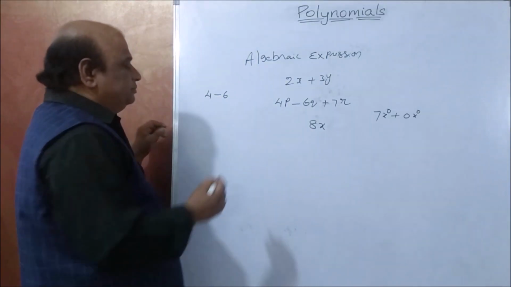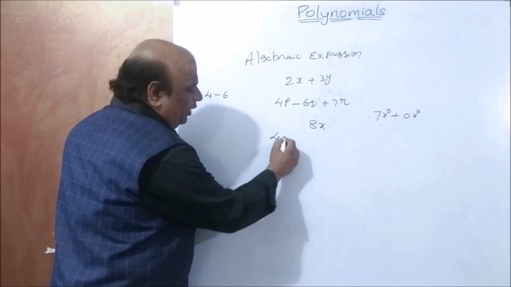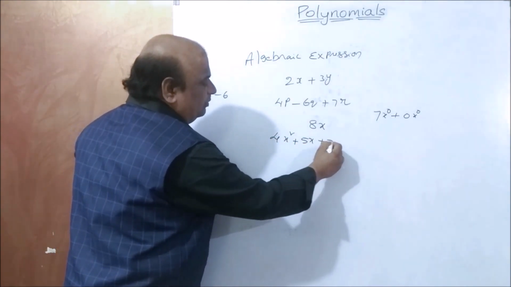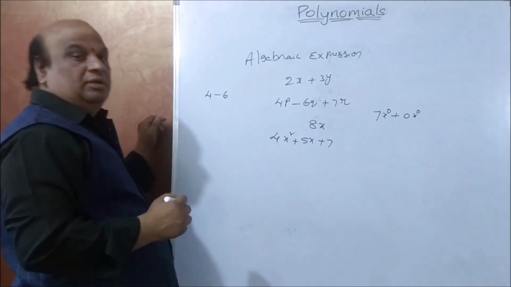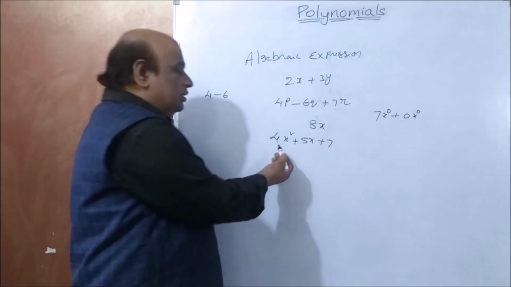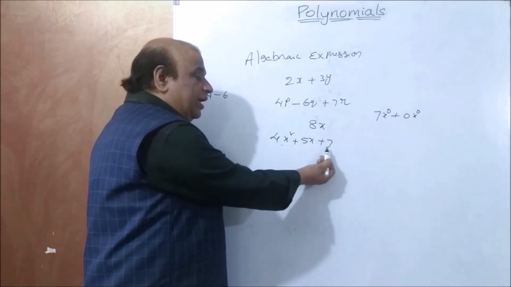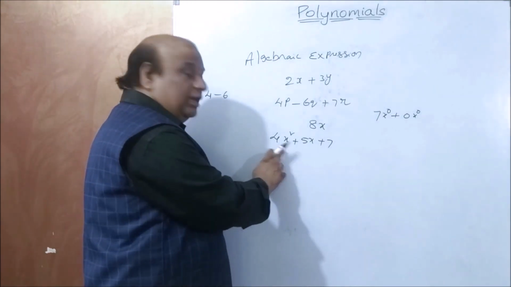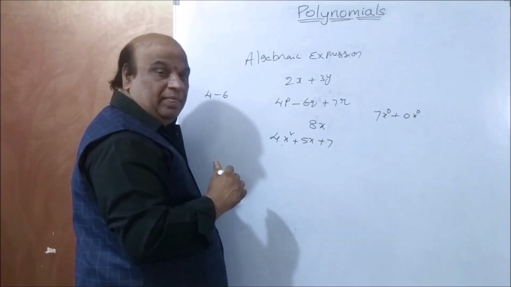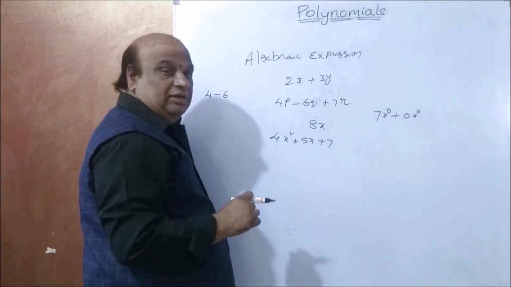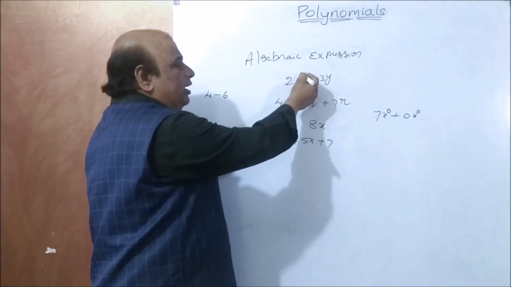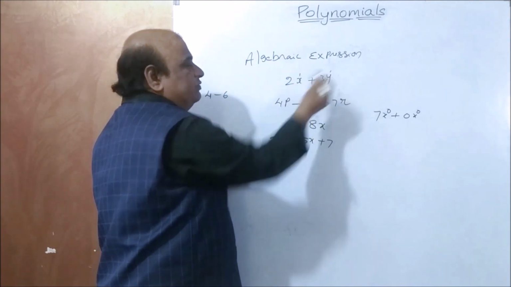Now one more thing, 4x square plus 5x plus 7. What is this? Actually here there are 3 terms. It is a trinomial. It is an algebraic expression. If you observe 2x plus 3y, here the power is 1, here the power is 1.